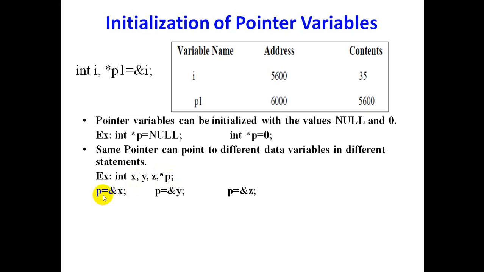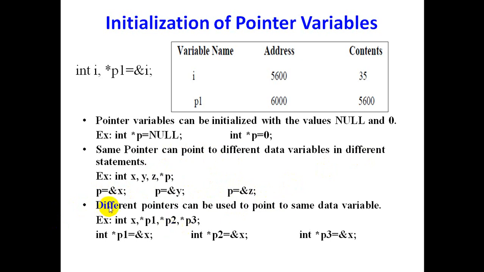You can see p is equal to ampersand x, that is the address of x will be stored in p. Next the address of y is stored in p. Next the address of z is stored in p. Okay, so a pointer can point to different data variables in different statements.